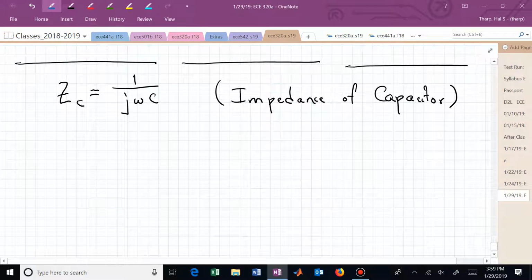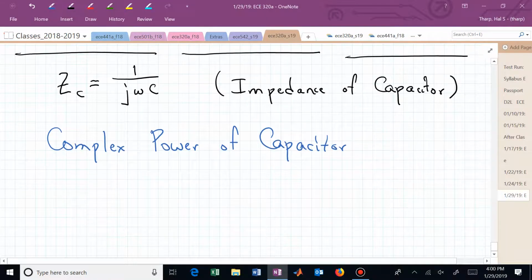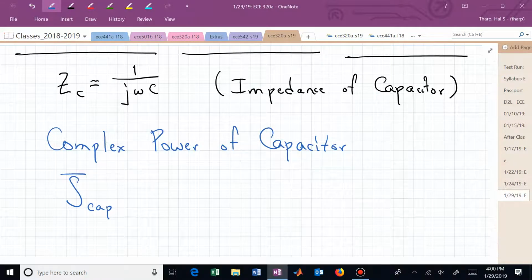All right, so now what's the complex power associated with a capacitor? Or you might just say, well, let me write it down this way. I know the complex power formula is V I star. I can always rely on that.